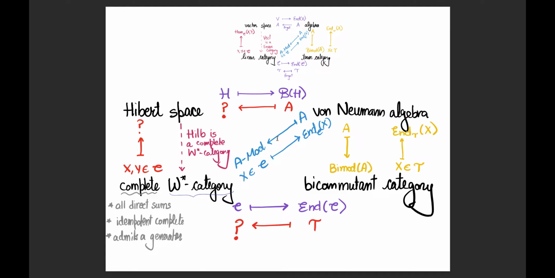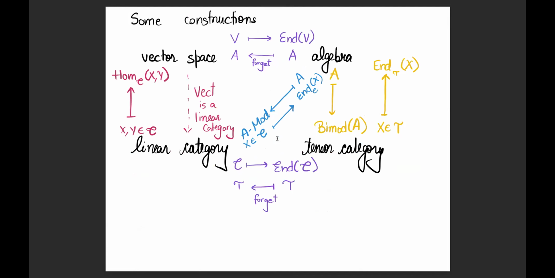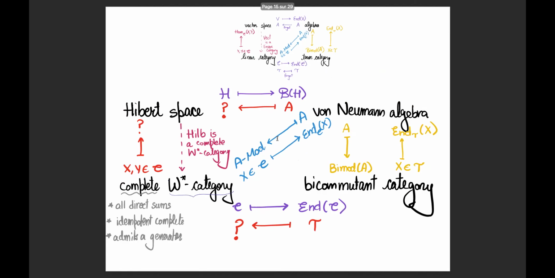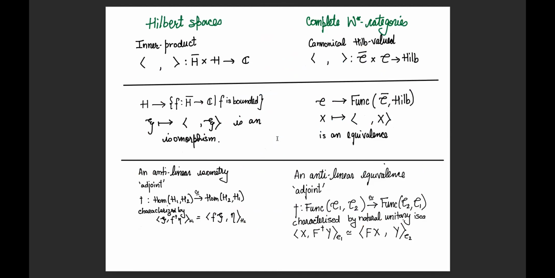You could write a C-star analog of this. You could replace von Neumann algebras by C-star algebras, complete W-star categories by just C-linear star categories, and tensor categories by just C-star tensor categories. But then you will also lose access to these things that we have, which were analogs of inner products and so on.